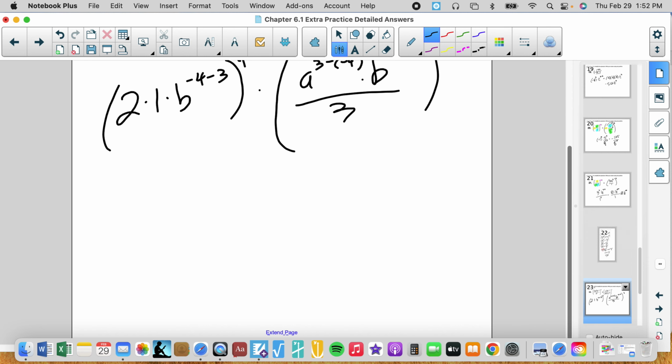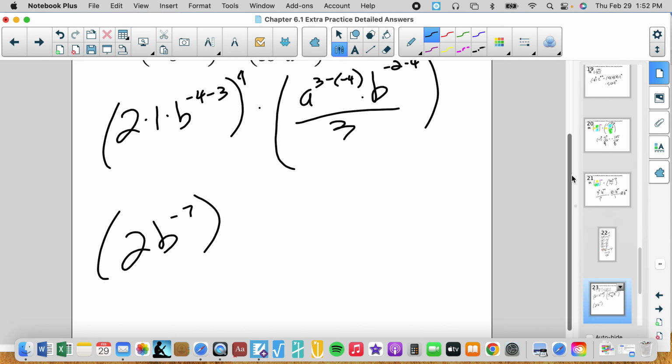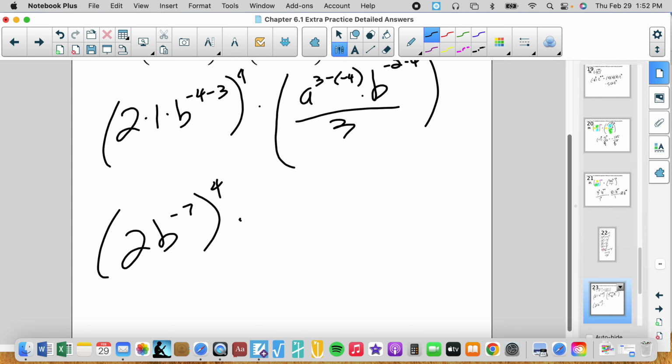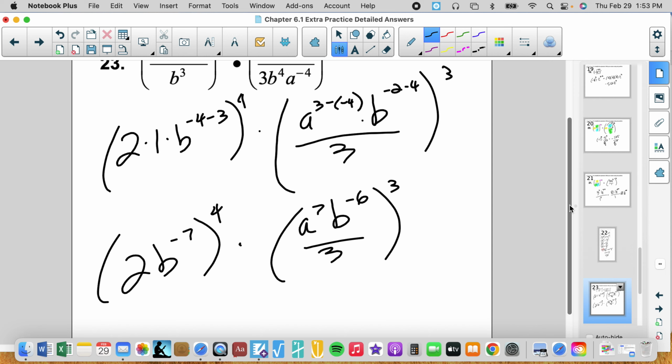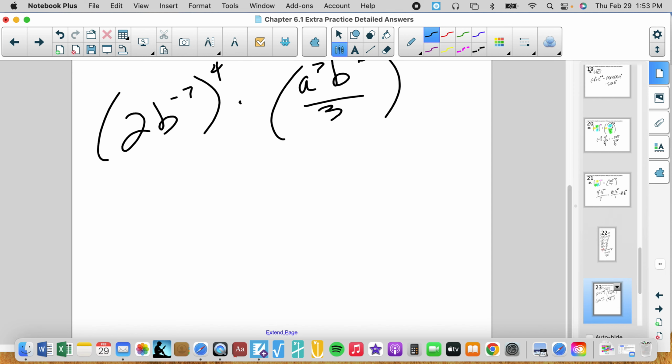And I'm going to simplify. That's going to be 2b to the negative 7th, to the fourth. And this is going to be a to the 7th, b to the negative 6 over 3 to the third. And I'm going to write this as 2 over b to the 7th, to the fourth.